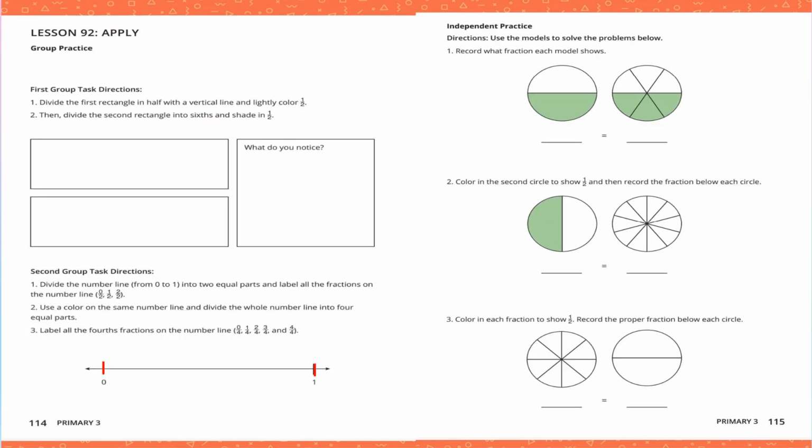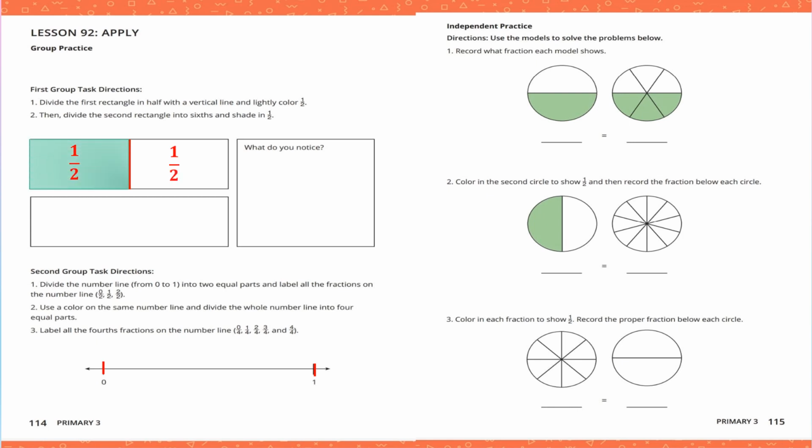First group, number 1, divide the first rectangle in half with a vertical line and lightly color 1/2. So I will divide the first rectangle into 2 equal parts and color 1/2 like this.